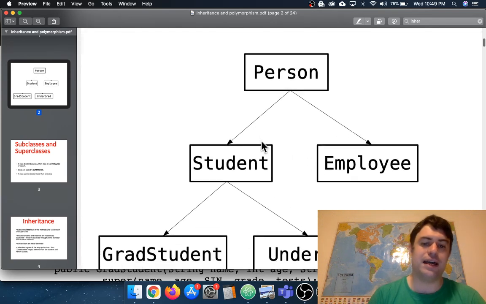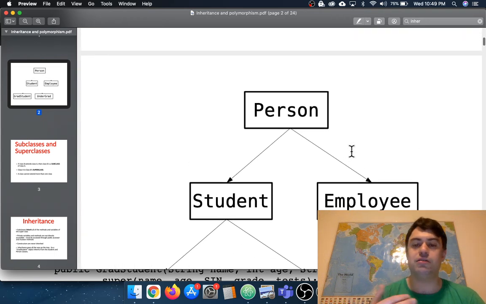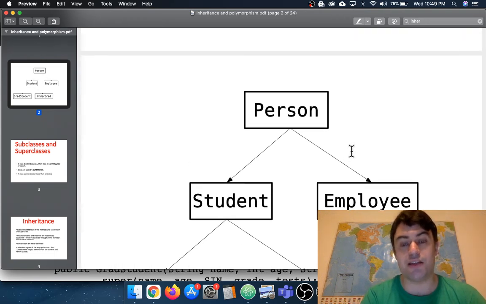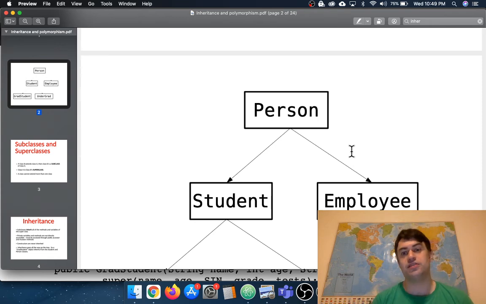So you don't have to go add it to student and undergrad and grad and employee. You can simply add it in the superclass. So that saves a ton of time. It saves a ton of effort, and it makes things easier to improve. It makes things easier to debug. It just makes the whole act of making large-scale software manageable. And that's really what this is all about.